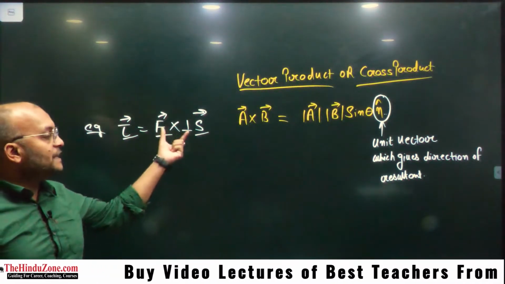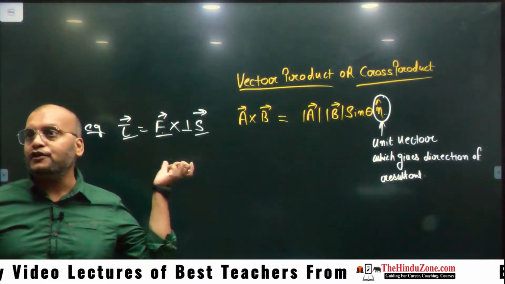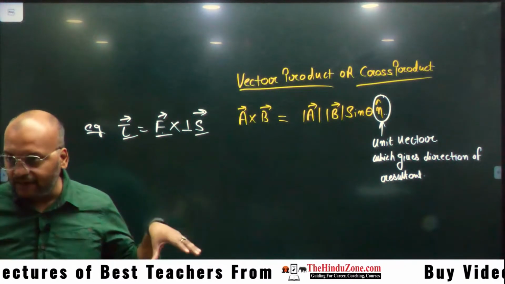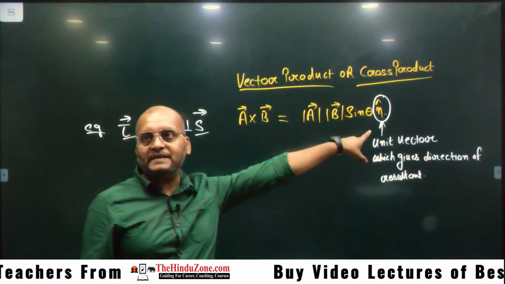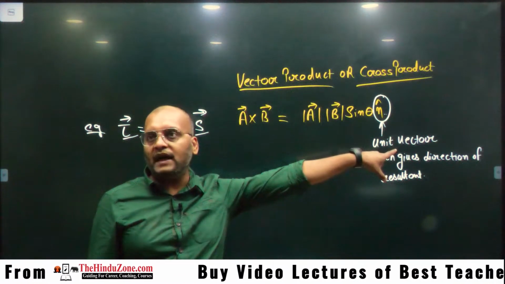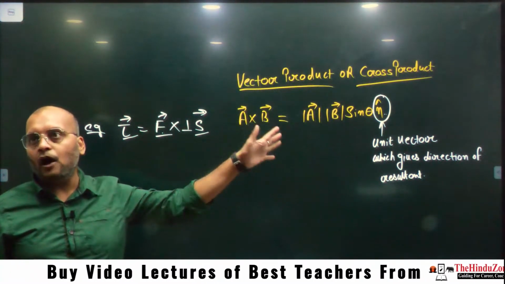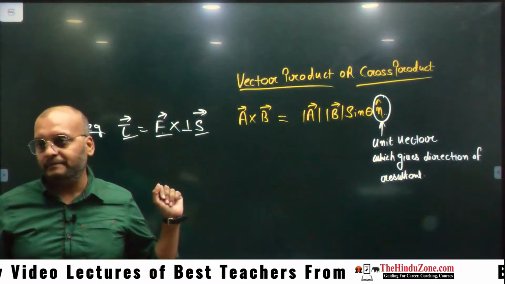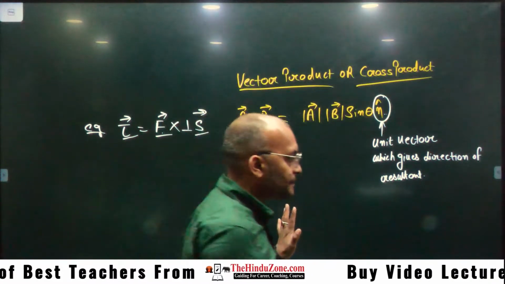I need to know the direction of torque, in which direction it will act, because it is a vector quantity, so it will have some direction. This n cap is giving me the direction of the product or of the resultant. So I need to see how to find out the direction. Got my point? Everyone understood or not?